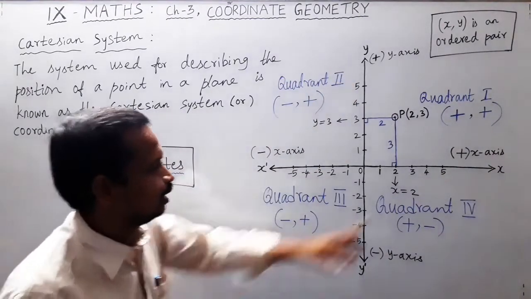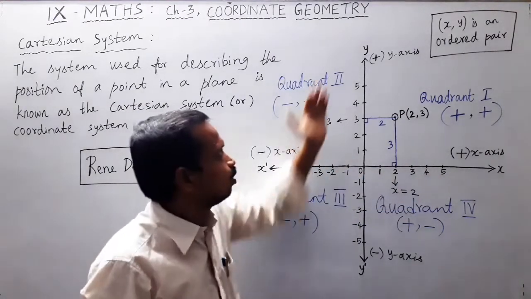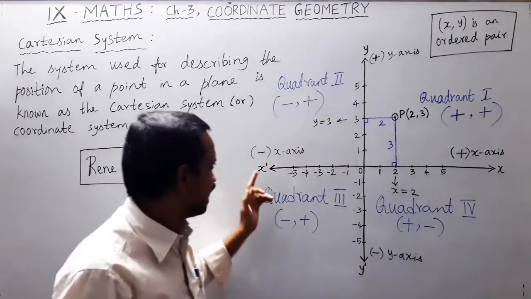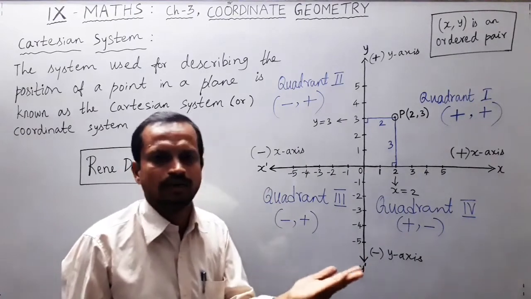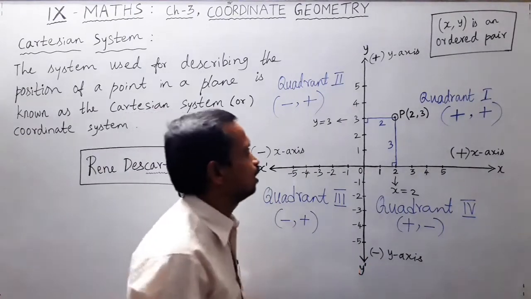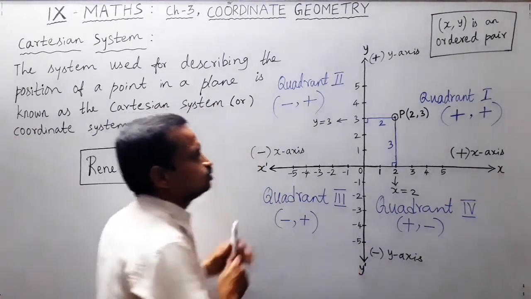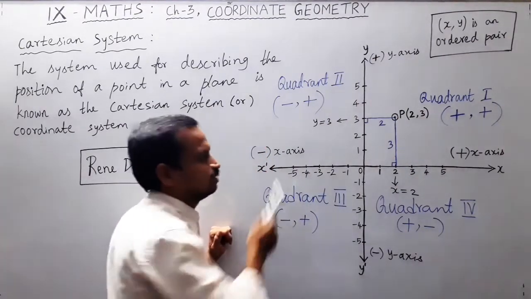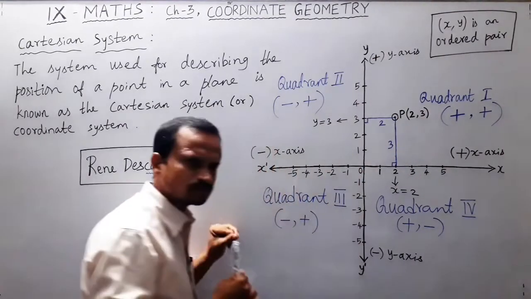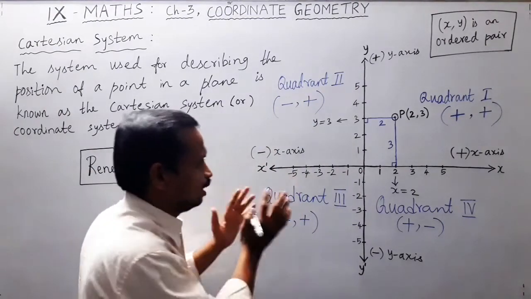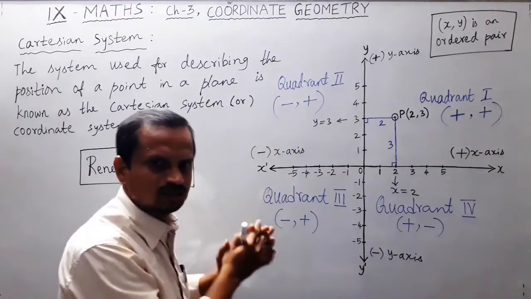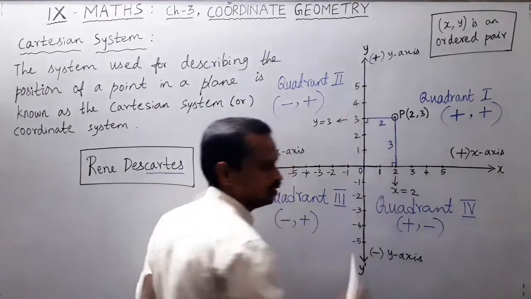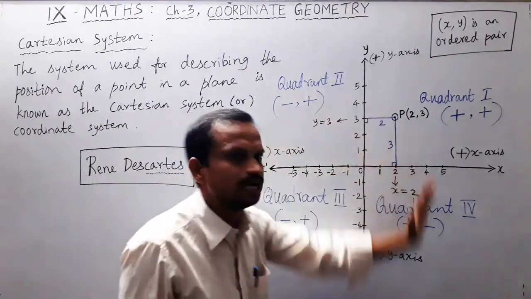The dash represents the negative side. That's all. Another thing you have to say: consider this board as a plane, and I have drawn the x and y axes there, horizontal and vertical. So this is a coordinate plane.